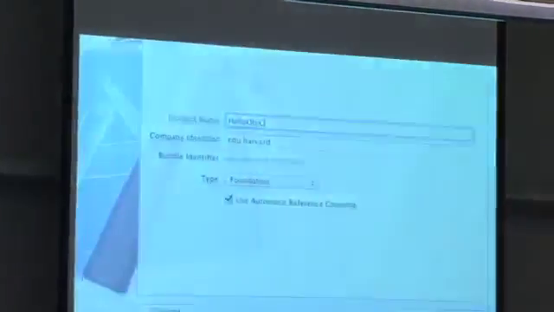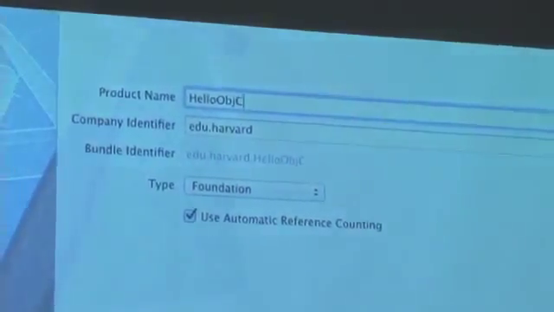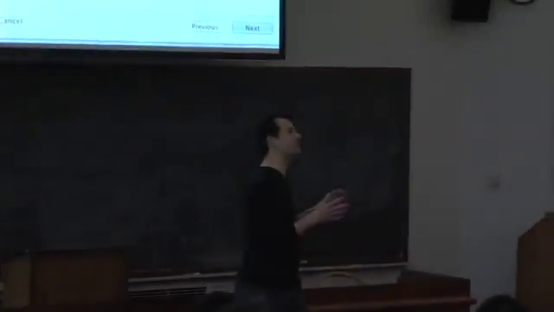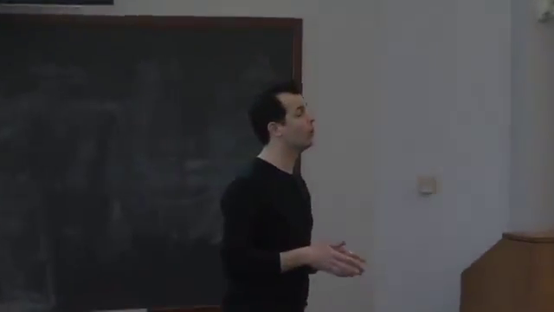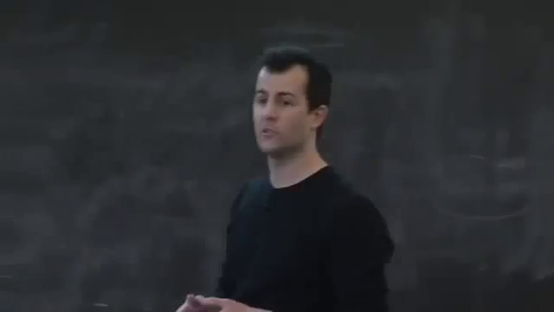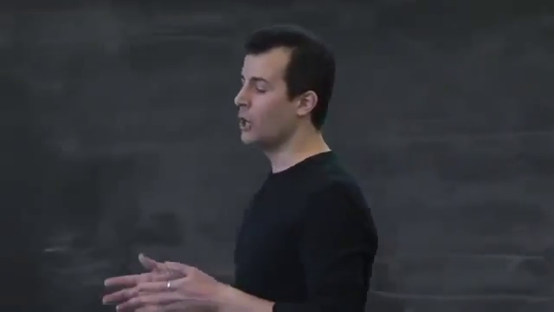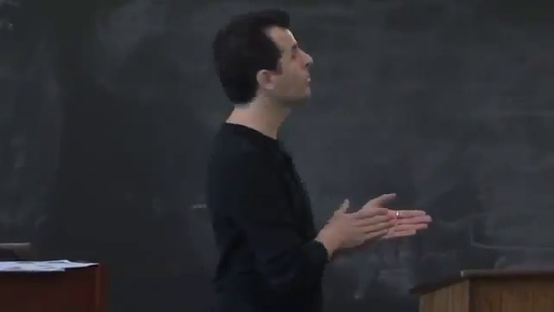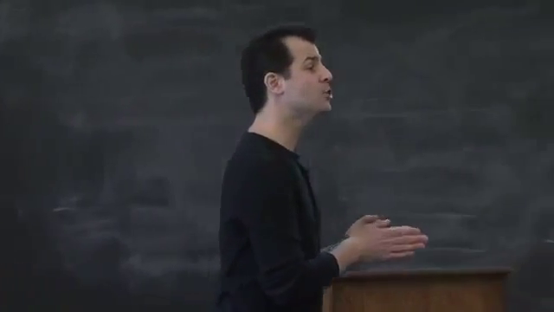Use automatic reference counting. So this is the latest and greatest of features in Objective-C. And the class, frankly, is going to be a little easier now than it would have been had this course been offered last year. Because last year, up until summer at WWDC, there was no such thing as ARC, automatic reference counting. This is a good thing.